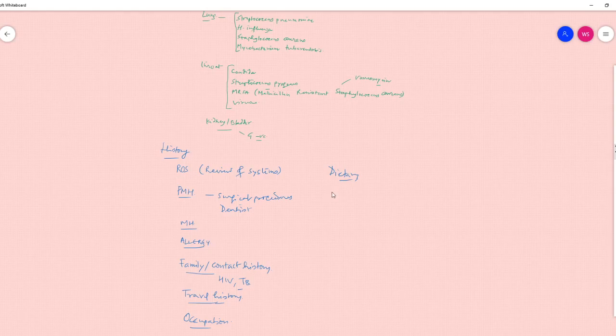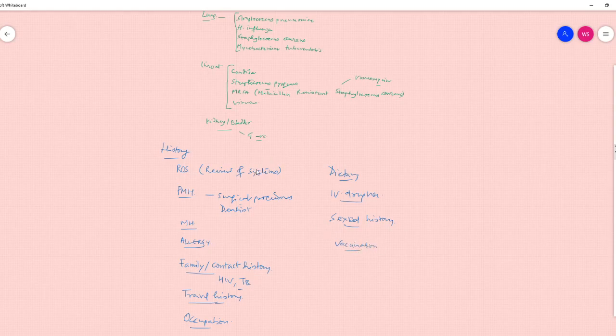And if they have a history of intravenous drug use, okay, so that again puts them at risk for infection. Talk about their sexual history. Okay, that could also give us a clue. And their vaccination history.